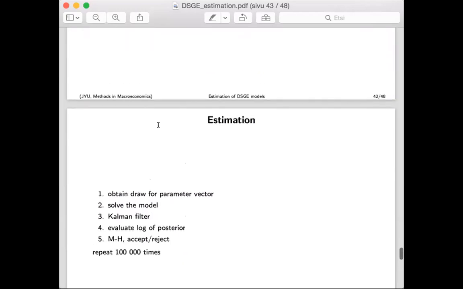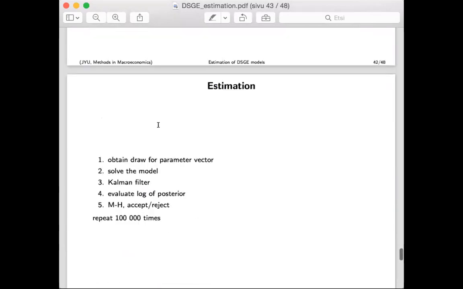Okay, so these were the elements in the estimation of a DSGE model. First, you obtain some draw for the parameter vector, solve the model with those parameters, and link the model variables to the data variables with the Kalman filter.